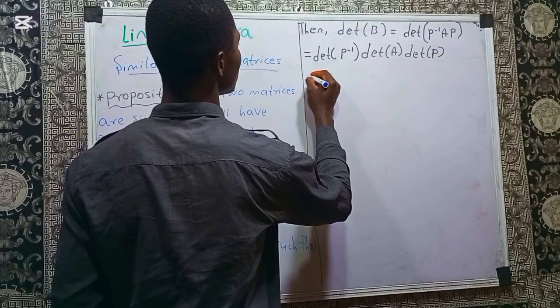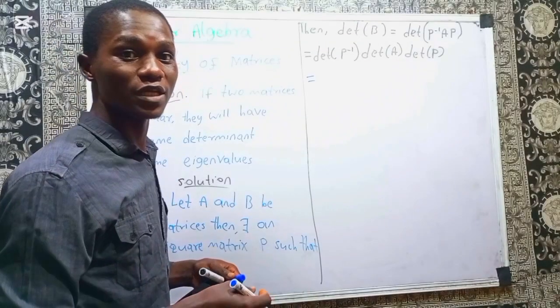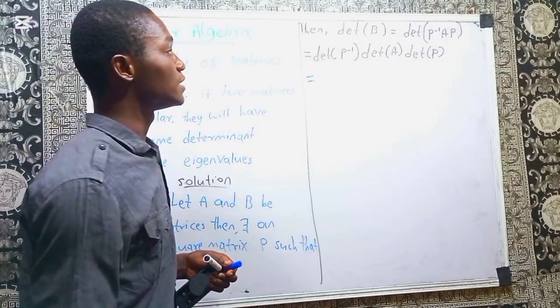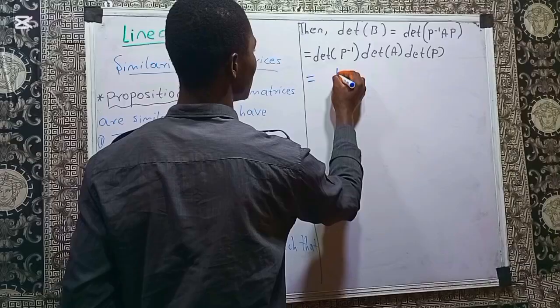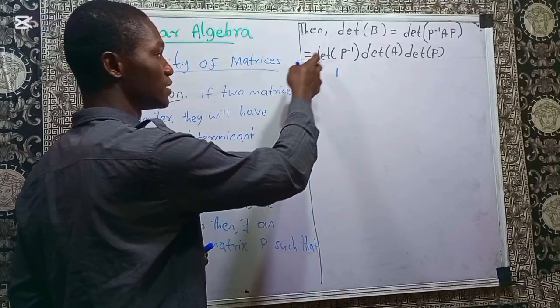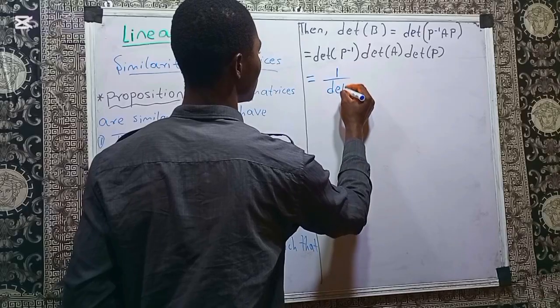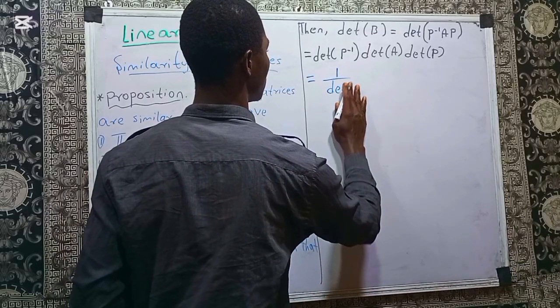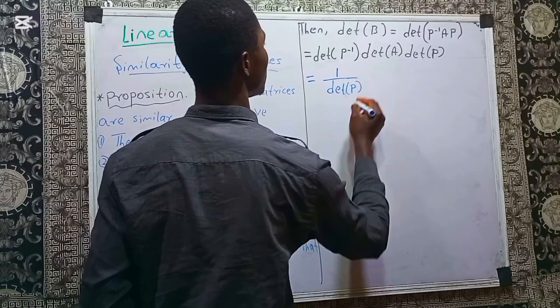This will be equal to, determinant of the inverse of a particular matrix is the inverse of the determinant. So determinant of P inverse is the inverse of determinant of P. So 1 over determinant of P. So this is what it will give us, right?